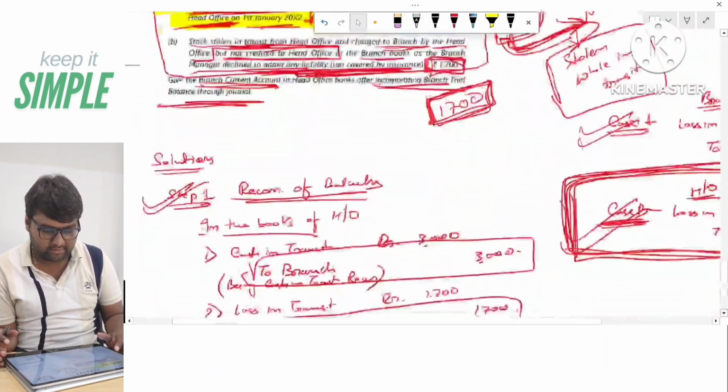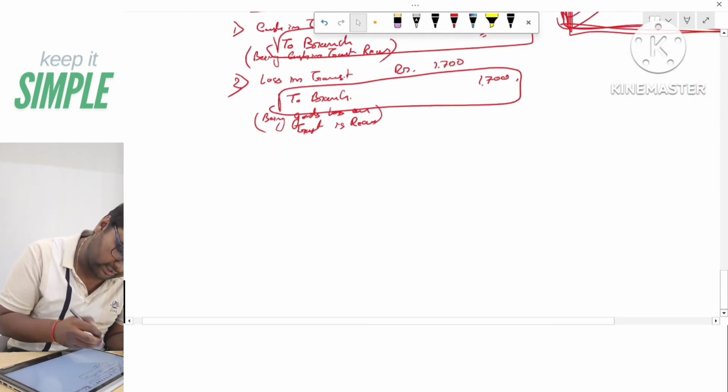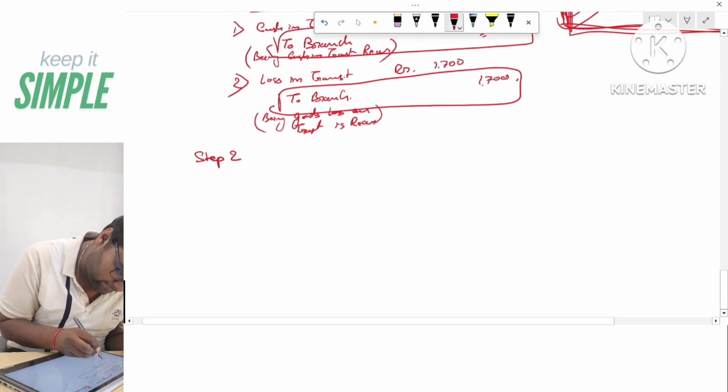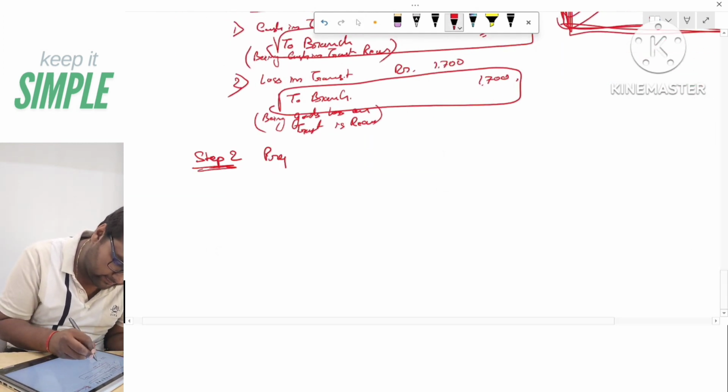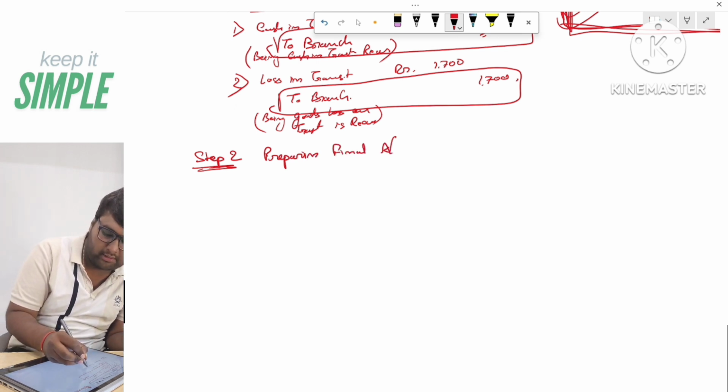Then let's move to step 2, that is preparing final accounts of branch.